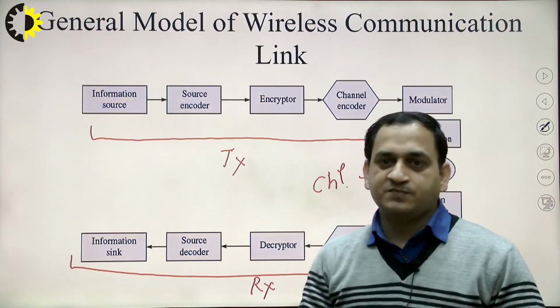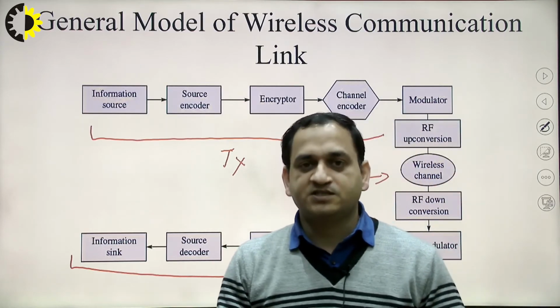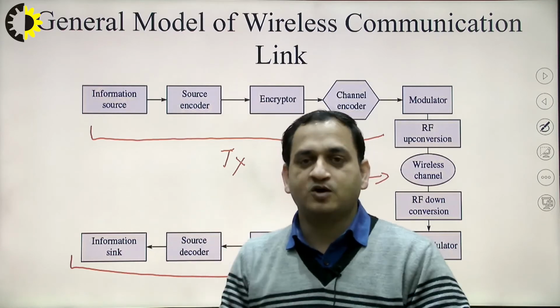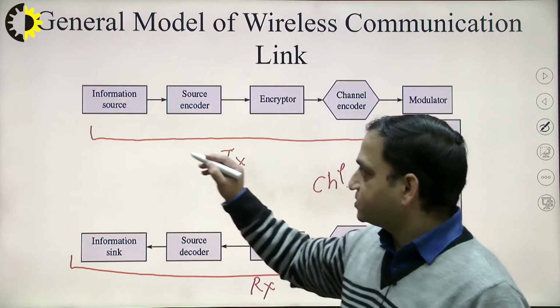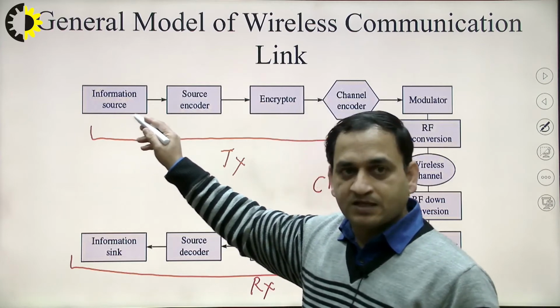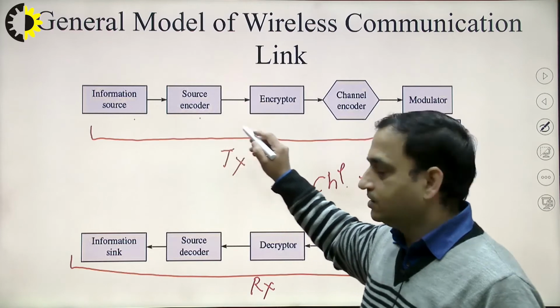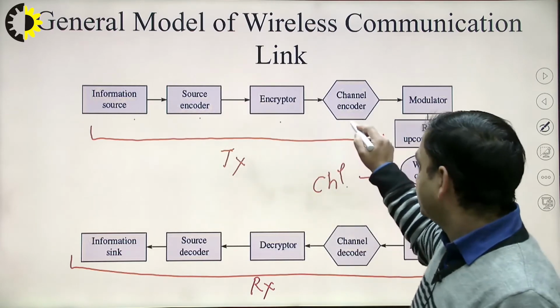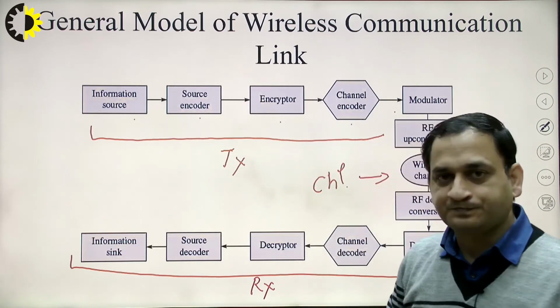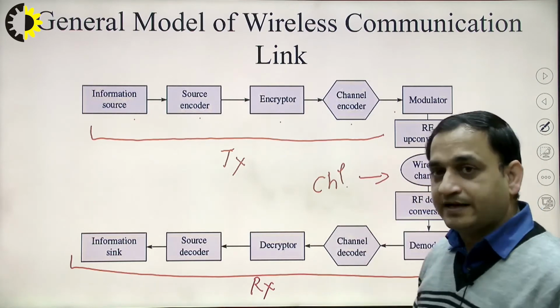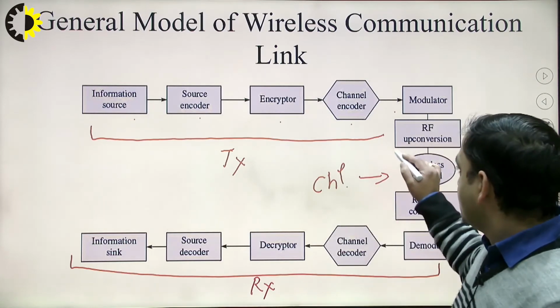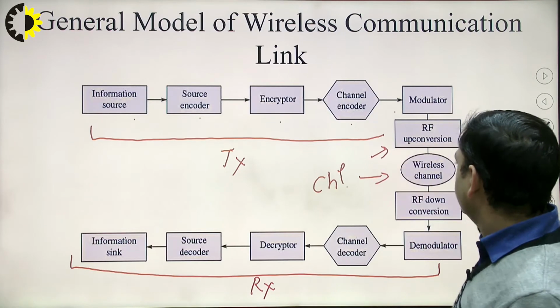In the transmitter section, there are some different sub blocks. First is the information source encoder, then encrypter, channel encoder, and the modulator. At the transmitter side itself, there is the RF up conversion, where we use the antennas.